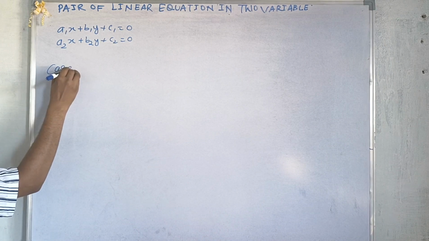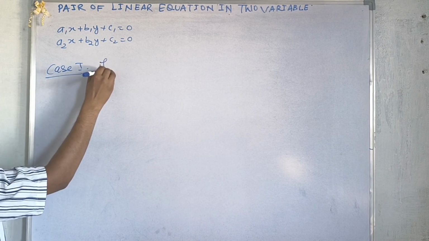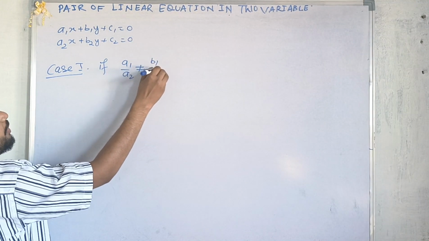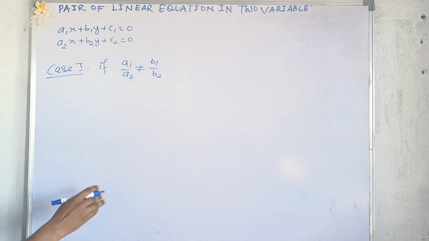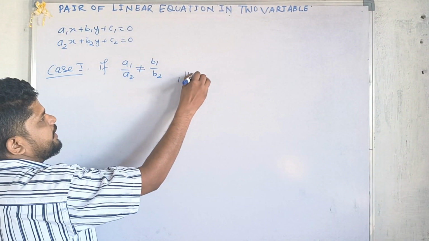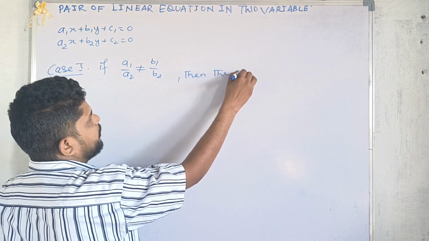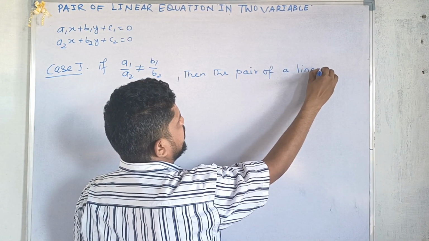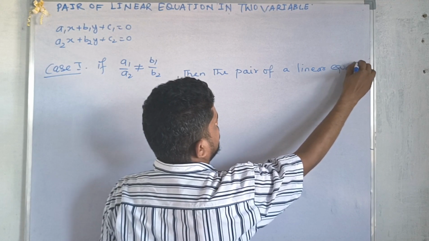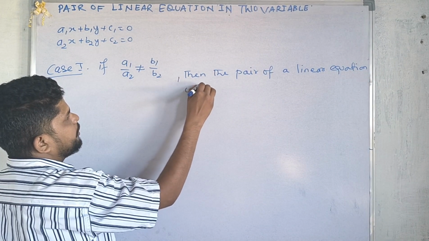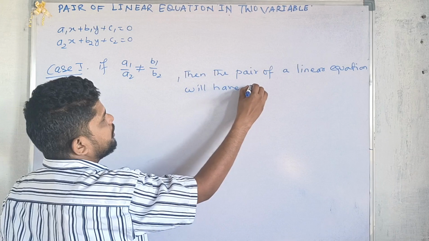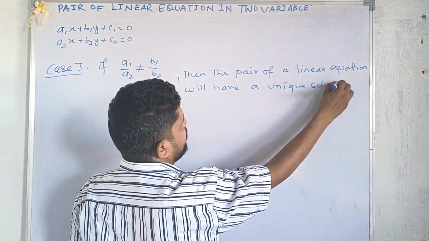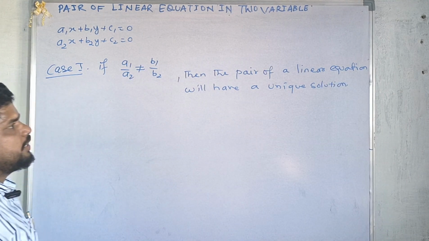Case 1: if the ratio a1 upon a2 is not equal to b1 upon b2, in this case the pair of linear equations will have a unique solution.